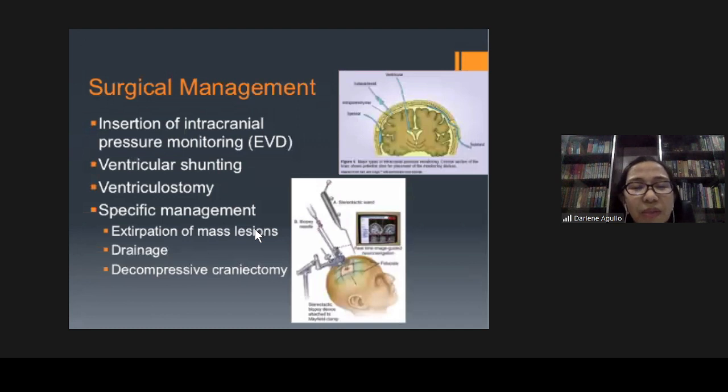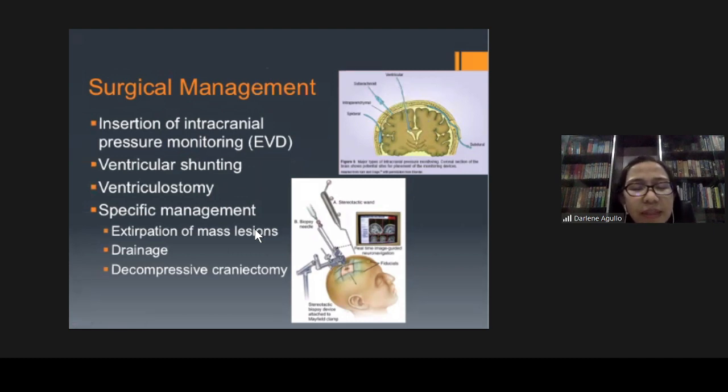We also have surgical management for intracranial hypertension. You can insert EVD, external ventricular drainage, both for intracranial pressure monitoring and for drainage of CSF. So ito yon. I hope nakikita nyo, no?